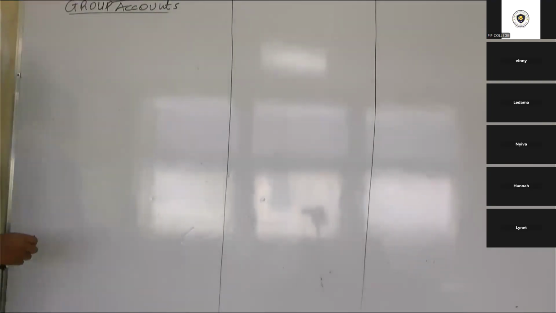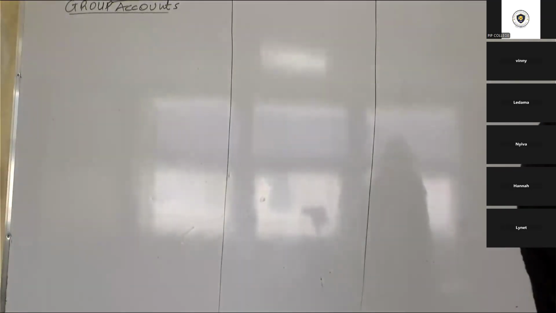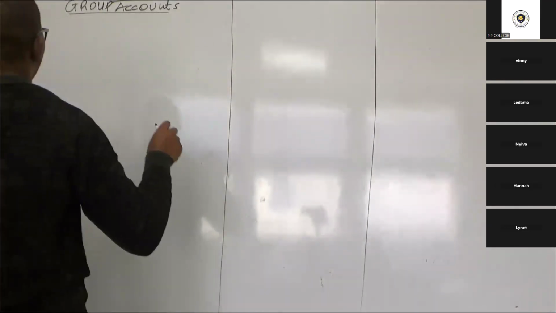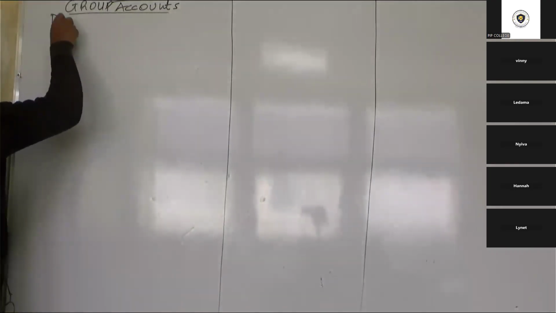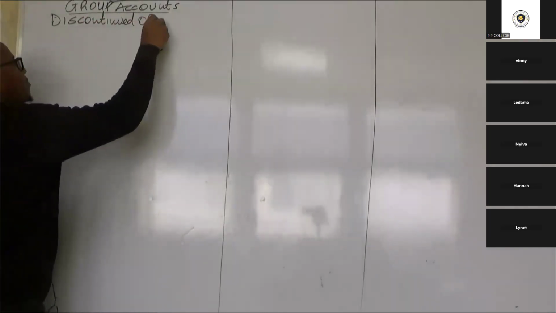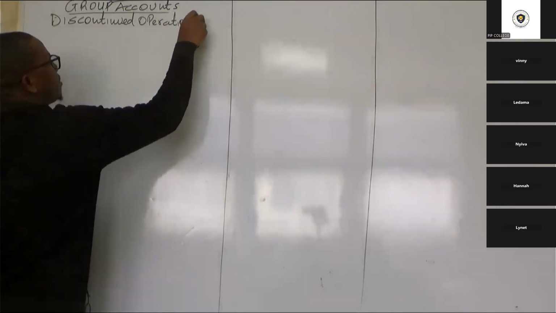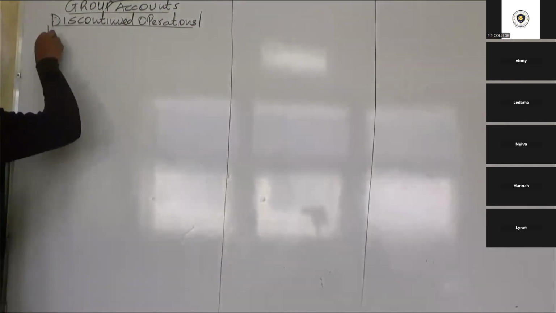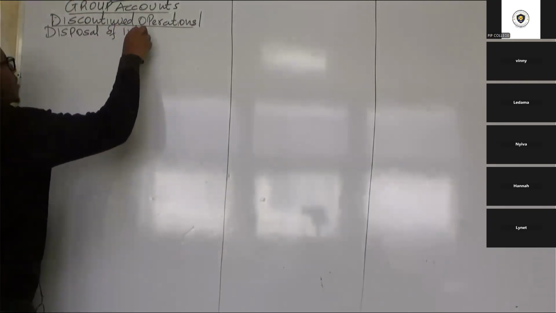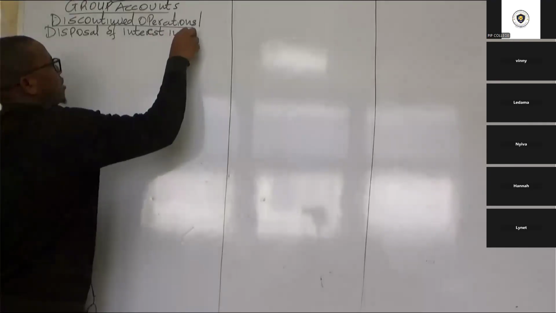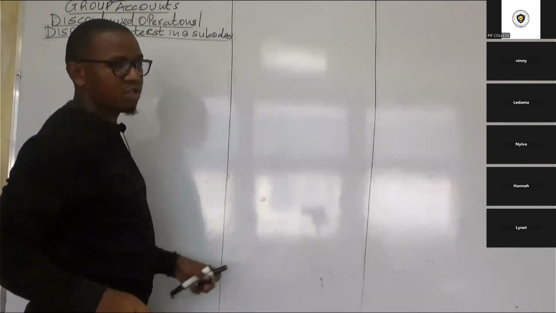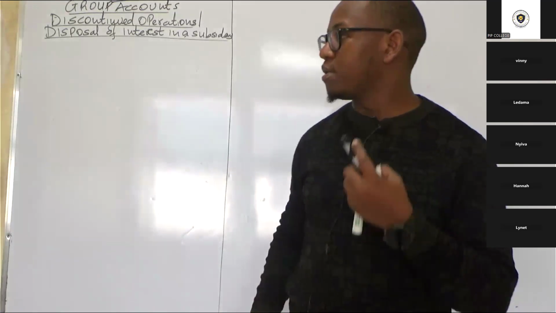On the advanced financial reporting and analysis, now we want to talk about what we call discontinued operations, or we may talk of it as the disposal of interest in a subsidiary or subsidiaries.